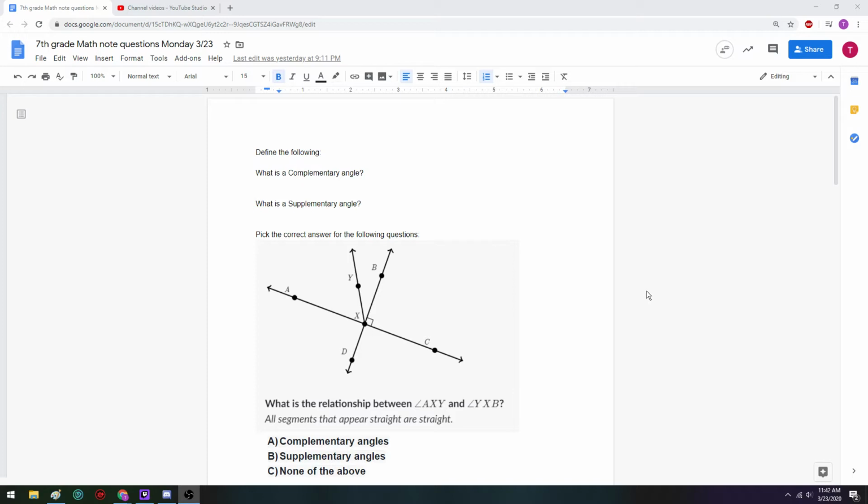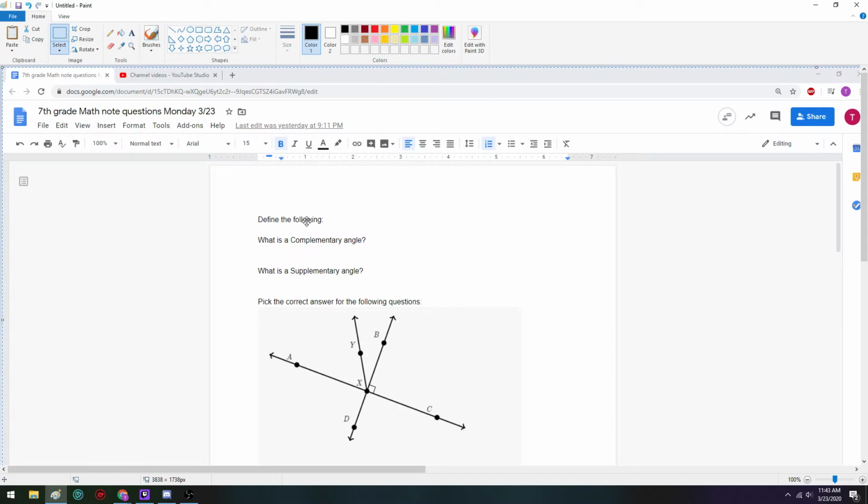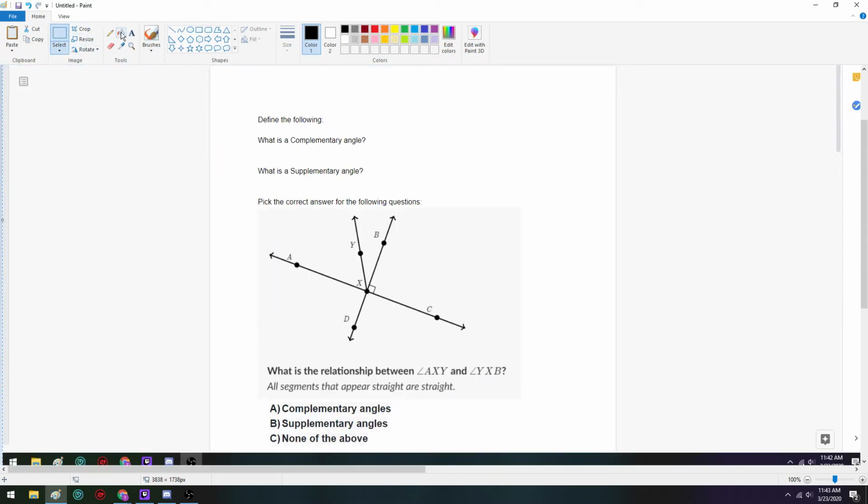To cover this first, we're going to look at the definition of both of those. You should have been able to define complementary and supplementary angles from those videos before. So you know that a complementary angle is something that's going to equal 90 degrees. So you look at the two angles and they equal 90 degrees, you know you have a complementary angle.